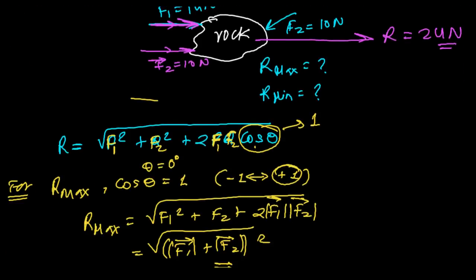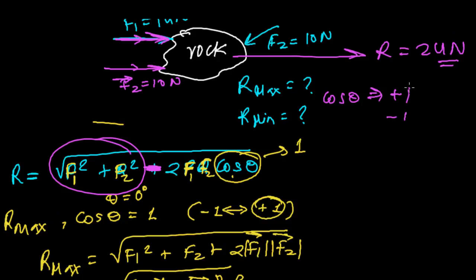To get the minimum, we make this term negative, so from the sum of F1 square and F2 square we subtract a very big thing. So rather than +1, we need -1, because the cosine of theta, as I told you, can be +1 and can be -1 also. When it is +1 we get the maximum, and when it is -1 we get the minimum.